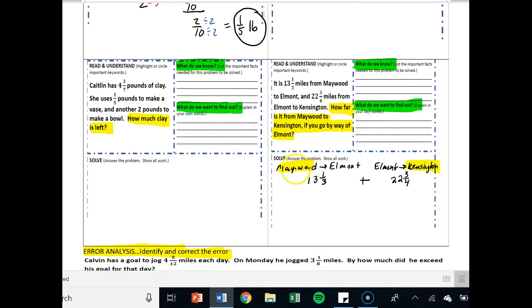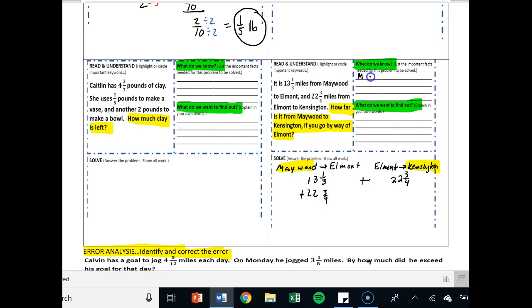So basically they want to go Maywood to Elmont, 13 1/3, and then Elmont to Kensington, or they just want to go Maywood to Kensington. So basically you want to add these two, right? So I have plus 22 3/4, and actually, what do I need to know?